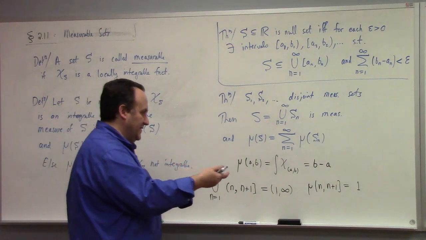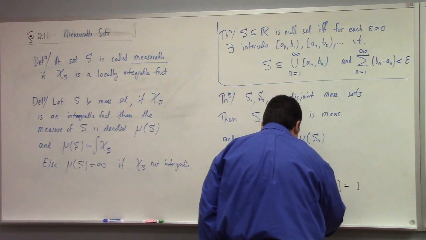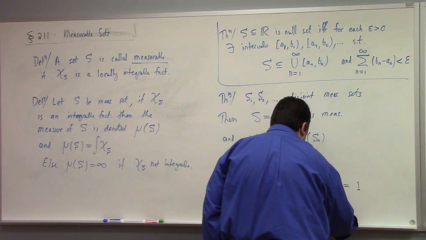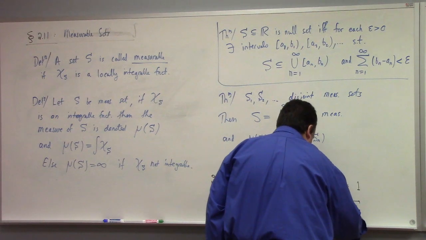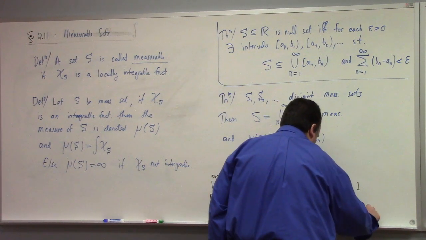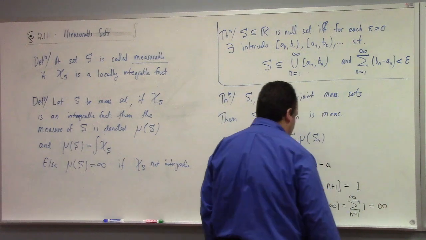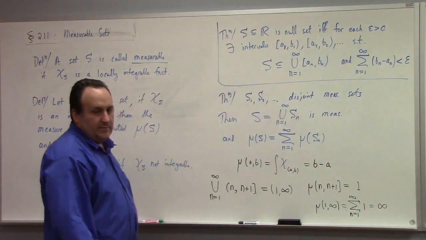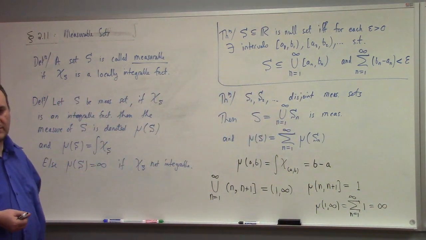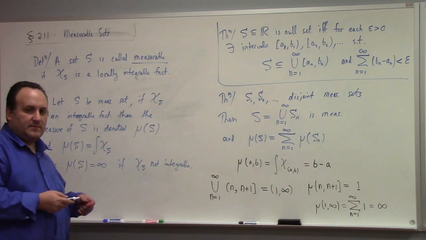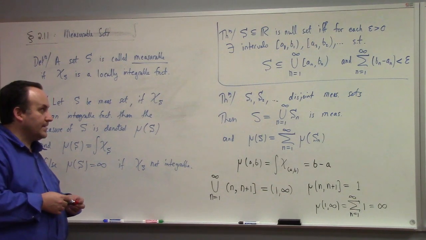So it follows that the measure of 1 to infinity is equal to the sum n equals 1 to infinity of 1, also known as infinity, right? That ray to infinity has measure infinity.